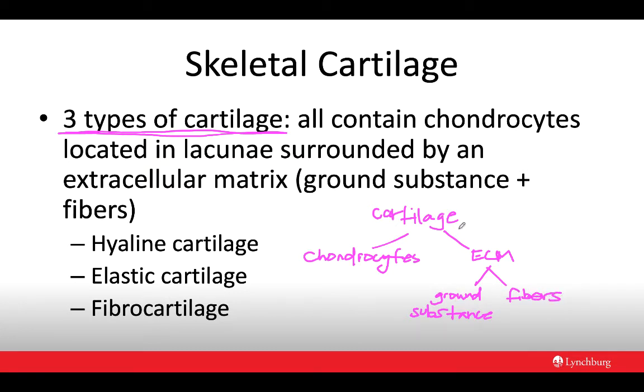Different types of cartilage are going to have different concentrations of each.